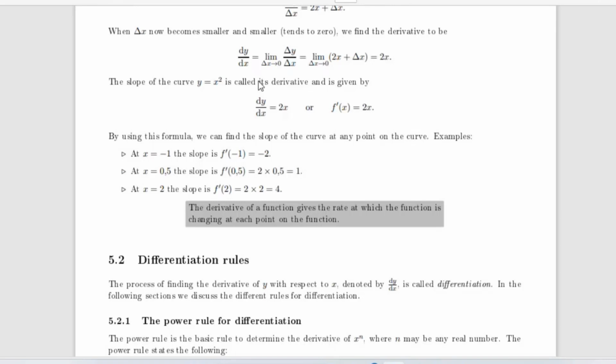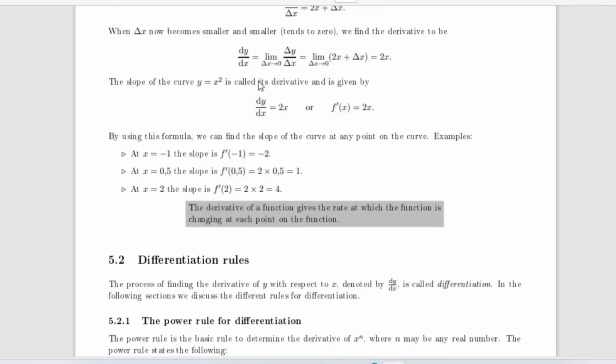Now let's say we have y equals f of x, which equals x to the power 4. What will be the derivative?